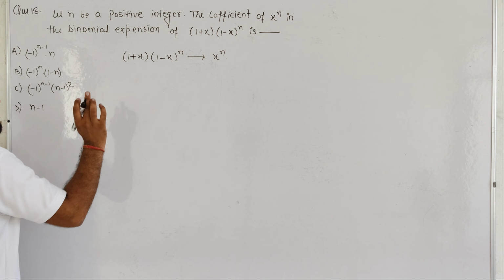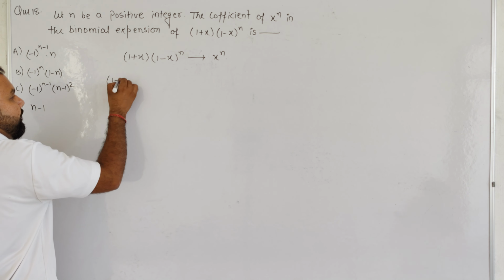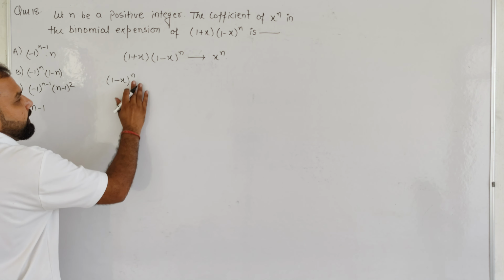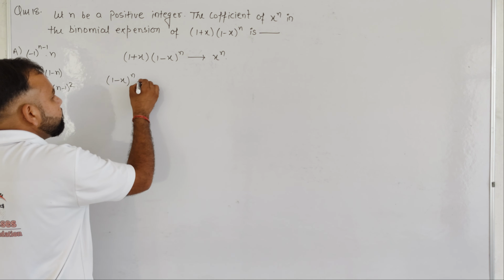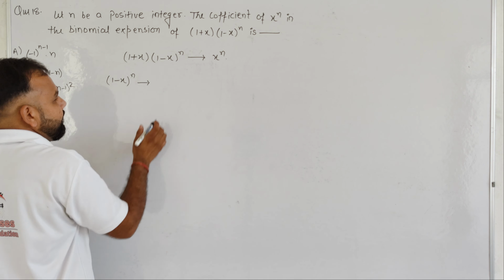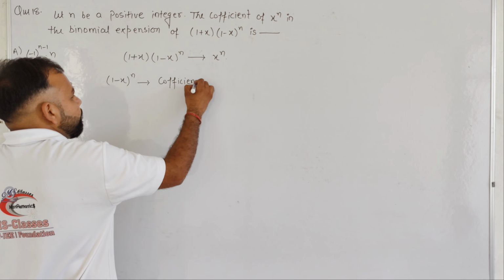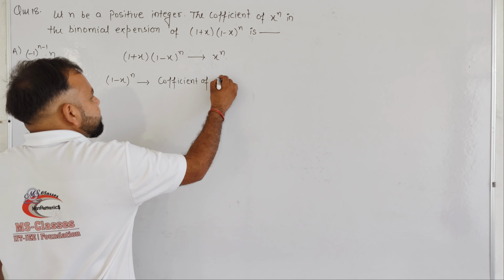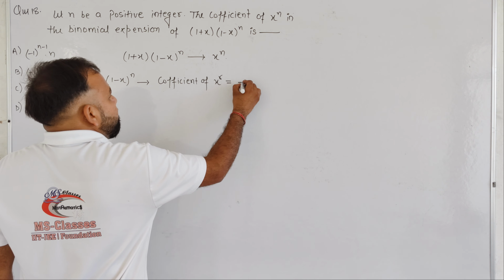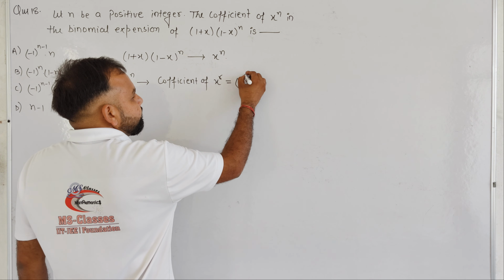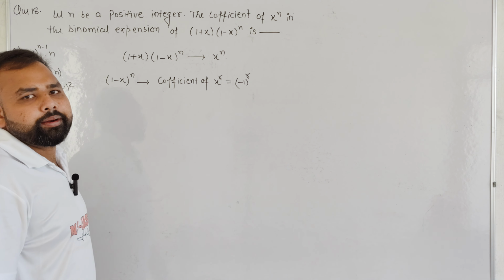And student, we know very well there is a result. In the expansion of (1 minus x) to the power n, the coefficient of x to the power r is minus 1 to the power r.